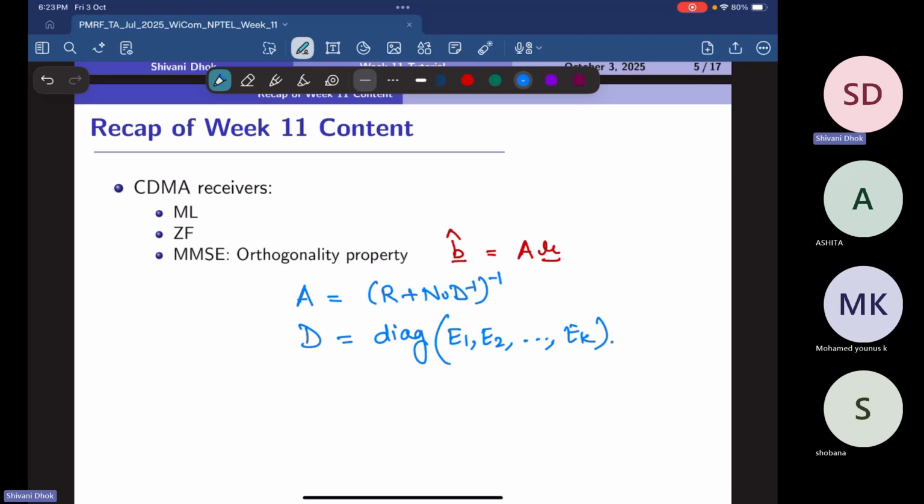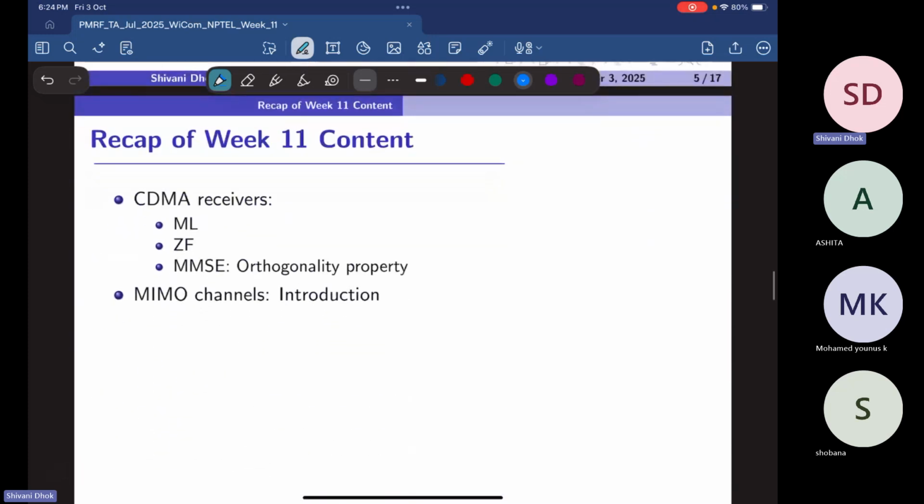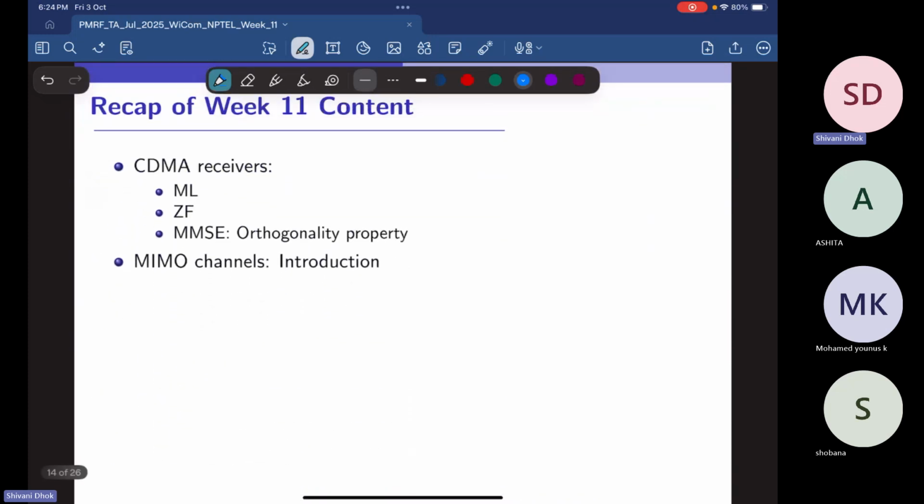So this is all about the CDMA that we have looked at in this particular course. We stopped CDMA at this point, and then we switched gears and started to look at something known as MIMO. MIMO is an abbreviation for multi-input and multi-output channels.